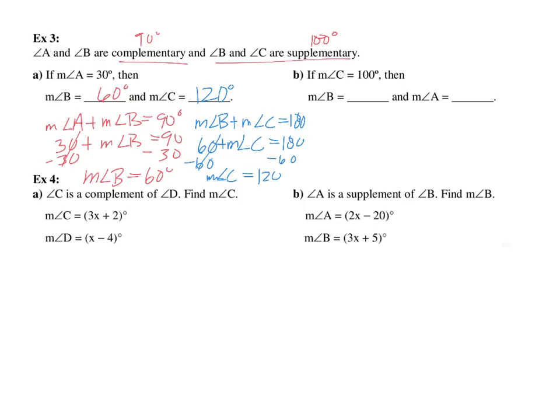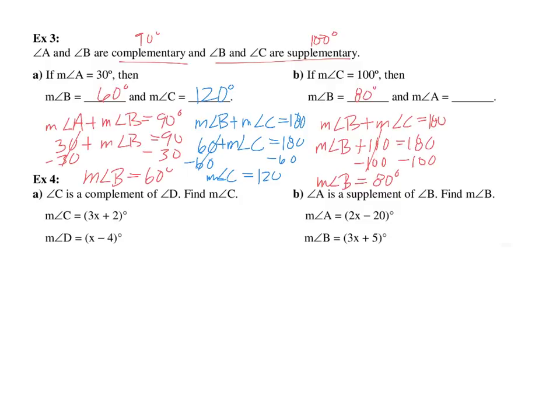All right, let's do another example. Here I have measurement angle C is 100 degrees, so I'm going to work backwards. I know measurement angle B plus measuring angle C is 180. So C is 100. All right, subtract 100. And measurement of angle B is equal to 80 degrees.